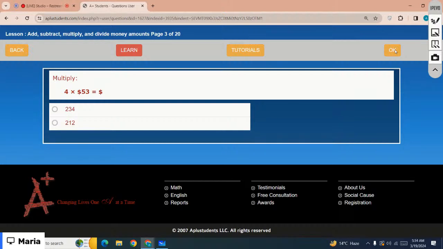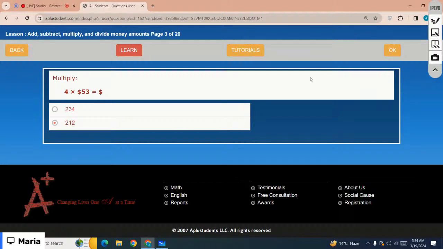4 times 53, which is the correct option? That is 212.